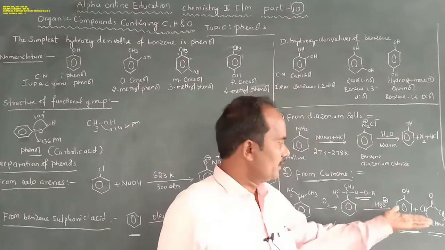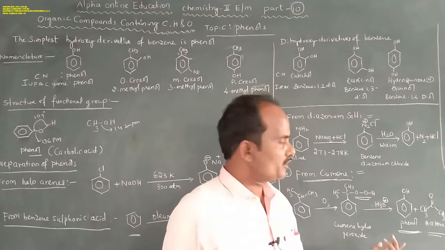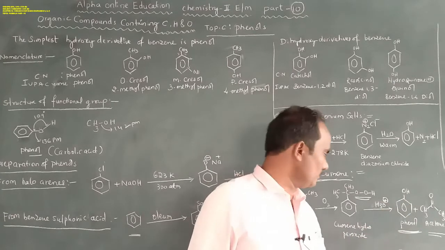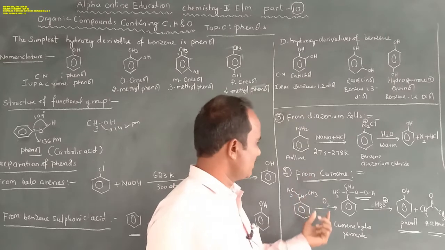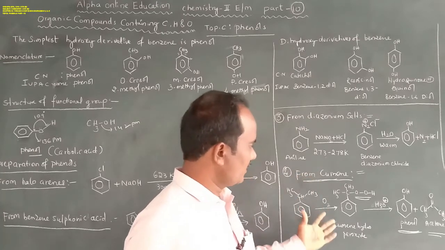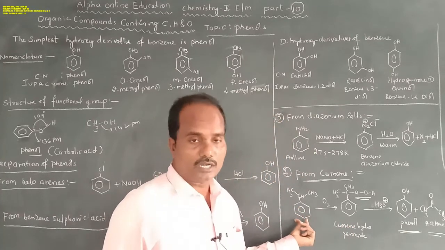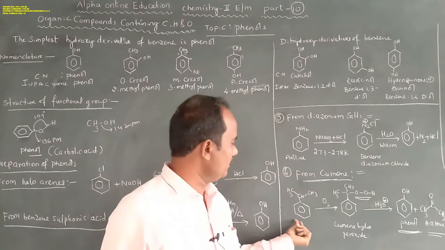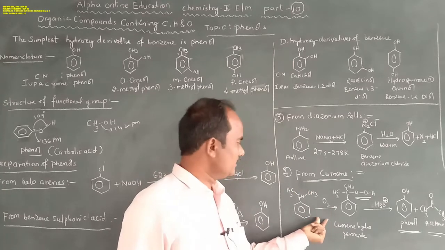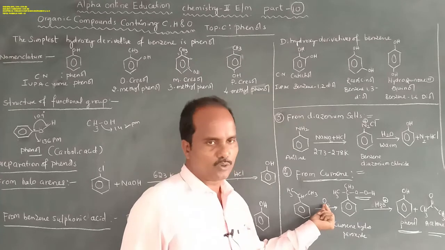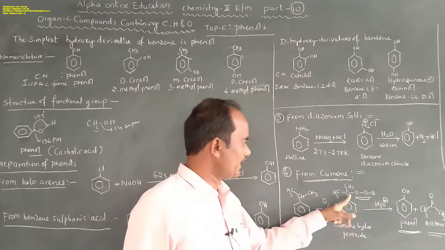This is also a commercial preparation method for synthesizing phenol. From cumene, isopropyl benzene is treated with air, the air consists of oxygen, and cumene is oxidized to cumene hydroperoxide.